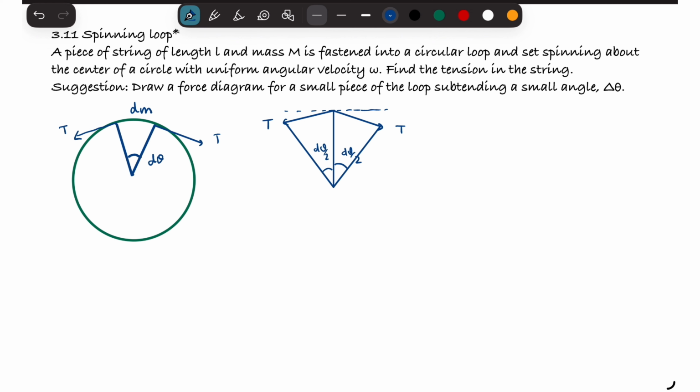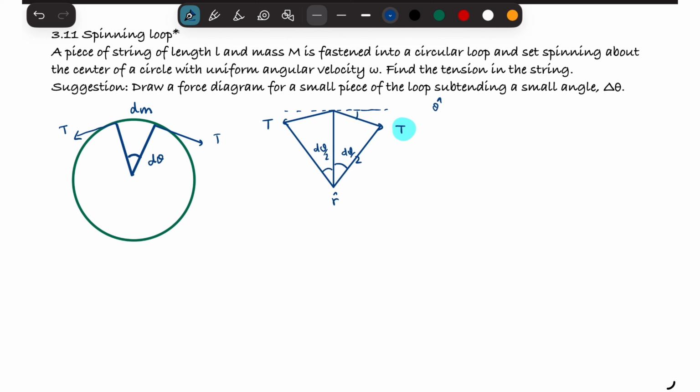Now I can resolve this T into two components: one along the horizontal, which would be theta hat, and one along r hat.